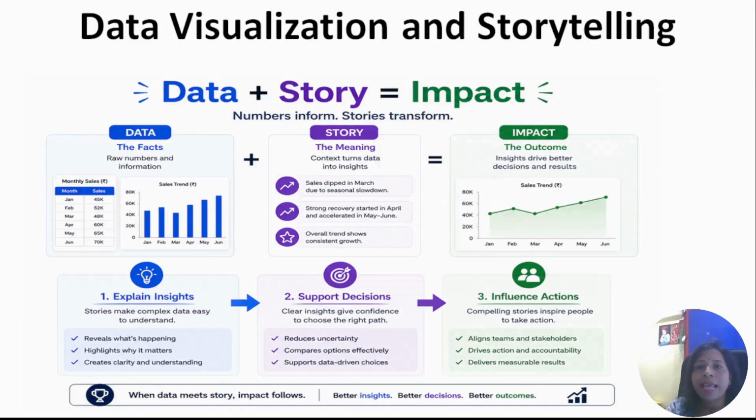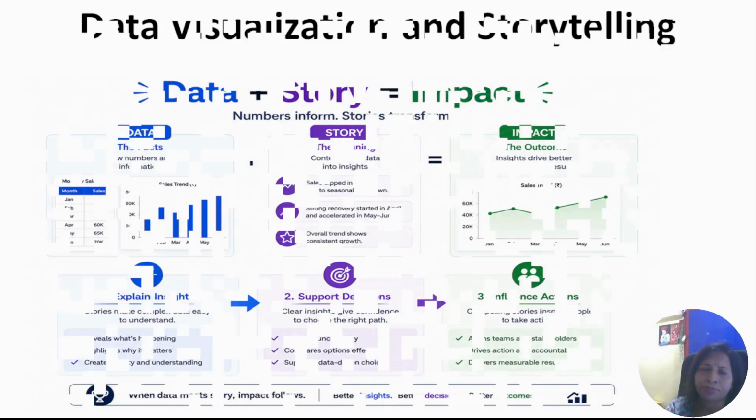So stories help audiences to understand insights and important findings, and take action based on the evidence. So good analysts do not simply create charts, they use visualization to tell meaningful stories that support decisions and influence the outcomes. So this is why storytelling is considered a critical skill in modern analytics.